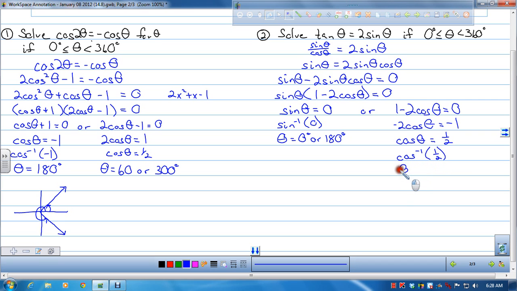And if you use your calculator, it will give you 60 degrees, but you need to be aware that there is another position between 0 and 360 where the cosine of theta is equal to 1/2, and that would be at 300. Okay. So for this one, I have 4 primary solutions. Okay, so your answer would be 0, 180, 60, or 300.